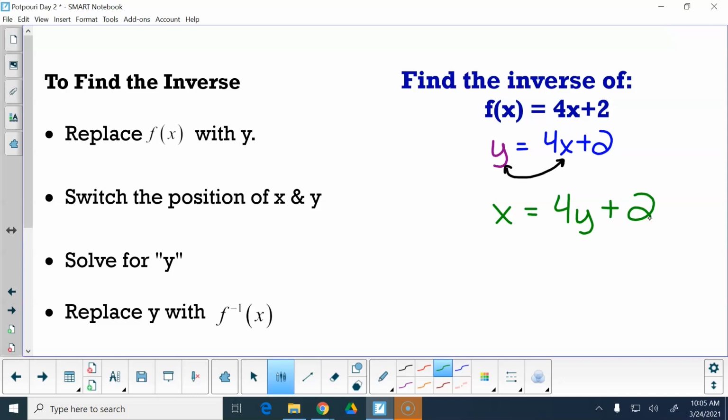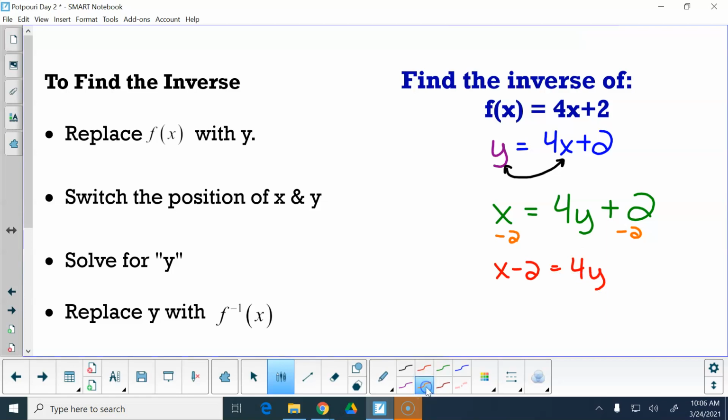Then what we're going to do is take our new green equation and solve that for y. So first I would subtract 2. That would give me x minus 2 equals 4y.